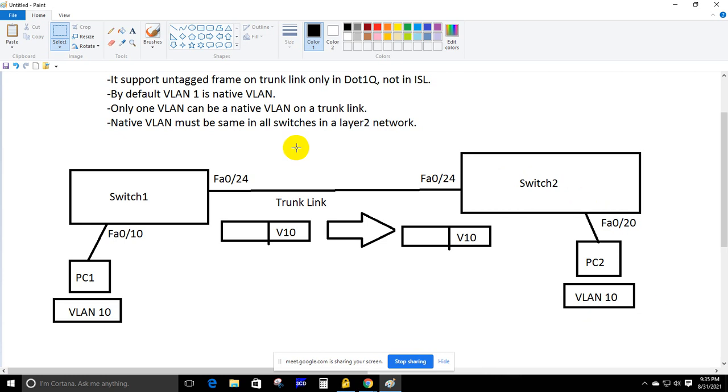So switch 2, after removing the tag information, forwards the normal Ethernet frame to PC2. Clear? This is the normal scenario when a device from VLAN 10 wants to communicate with another device in another switch having the same VLAN. Clear?